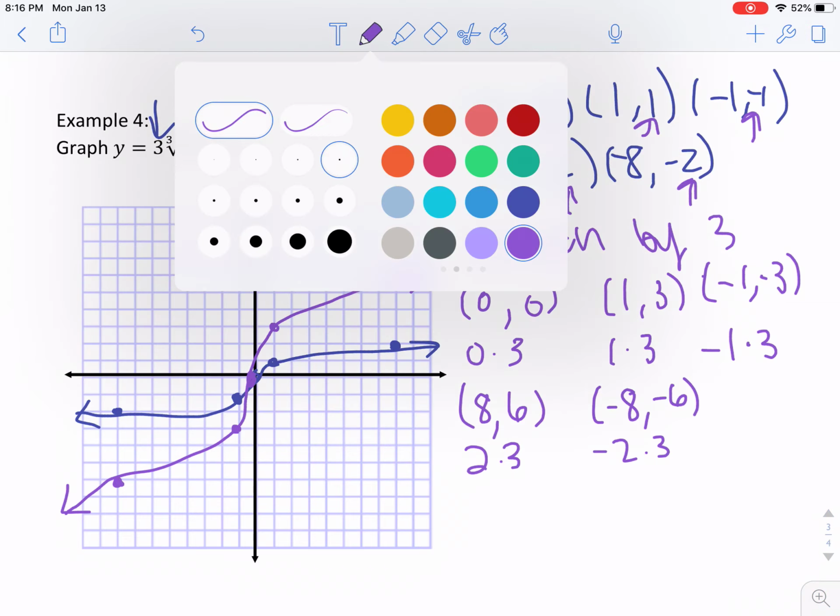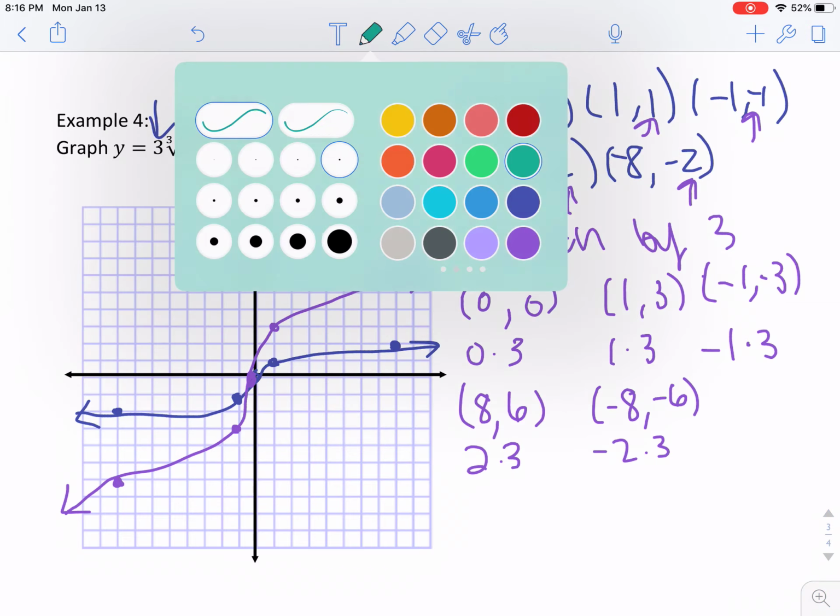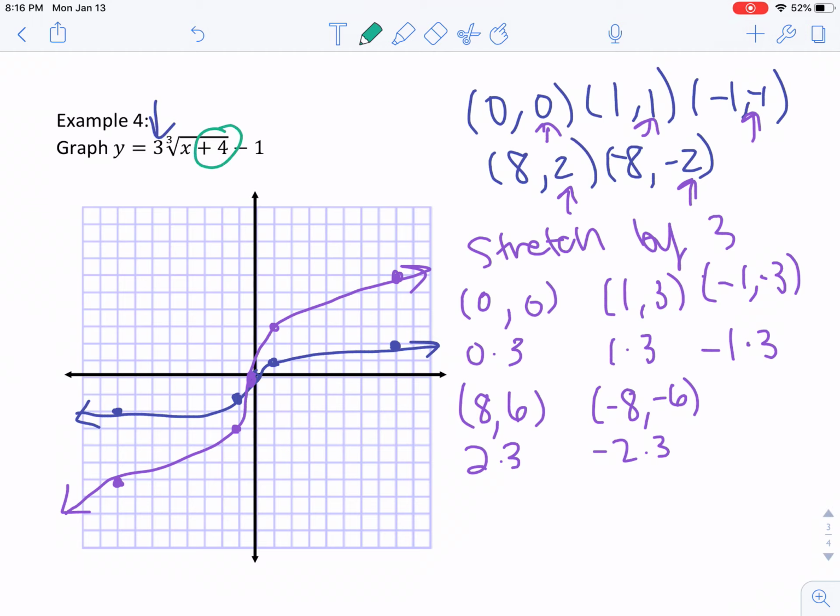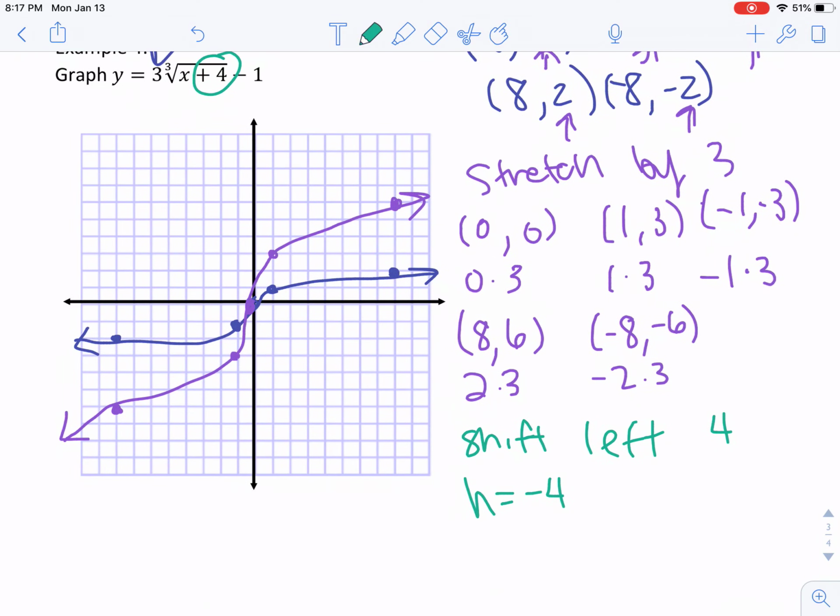So now I'm going to do my plus 4 inside. Oh, I'm sorry. H is actually negative 4. So it's a shift left 4. And again, this is changing my x values, not the y.